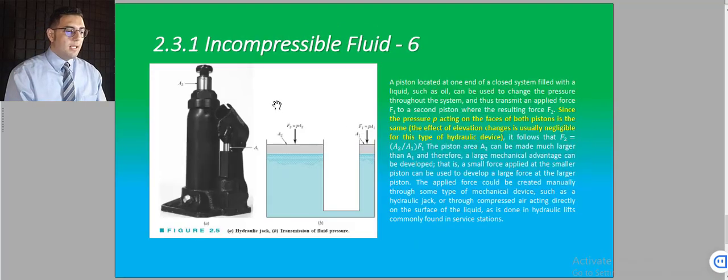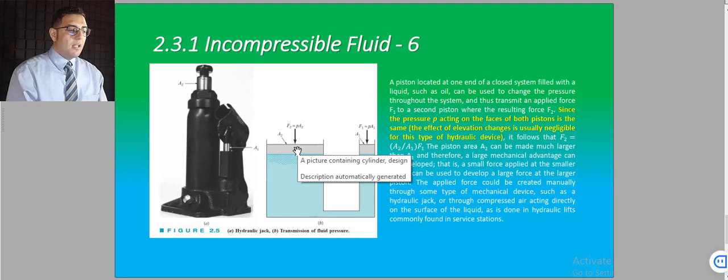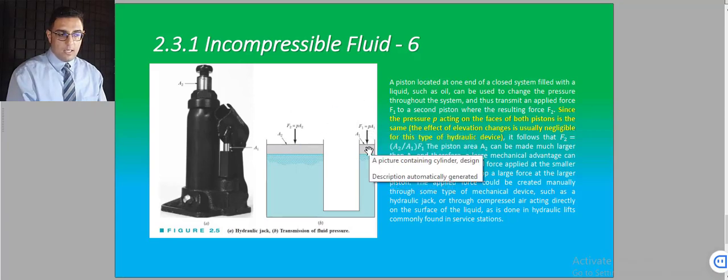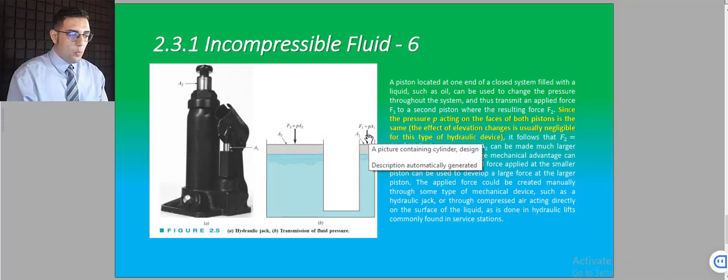The concept is illustrated in this figure. You see, as long as you have the same pressure at both of these sections, P2 is equal to P1. This means that F1 over A1 is equal to F2 over A2.